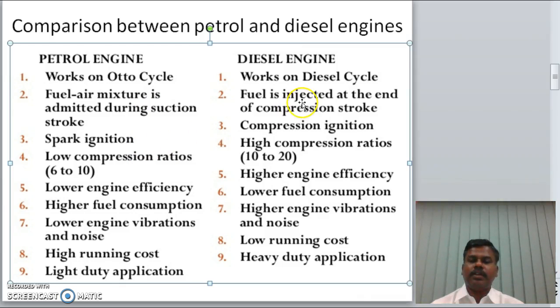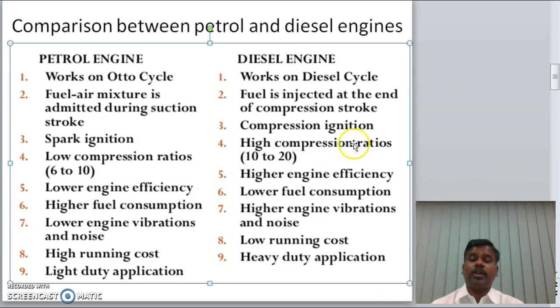But in a diesel engine, you don't need any spark ignition. Instead, the fuel is combusted by the high compression ratio of the air. A petrol engine operates on a very low compression ratio and a diesel engine operates on a higher compression ratio.